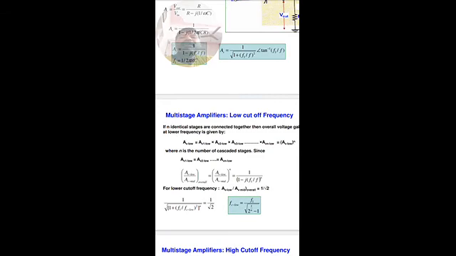Since we are taking similar stages, we consider the gains of individual stages equal. Taking the ratio, AV low divided by AV mid overall is AV low divided by AV mid to the power of n, that is, 1 by 1 minus j F1 by F, to the power of n.